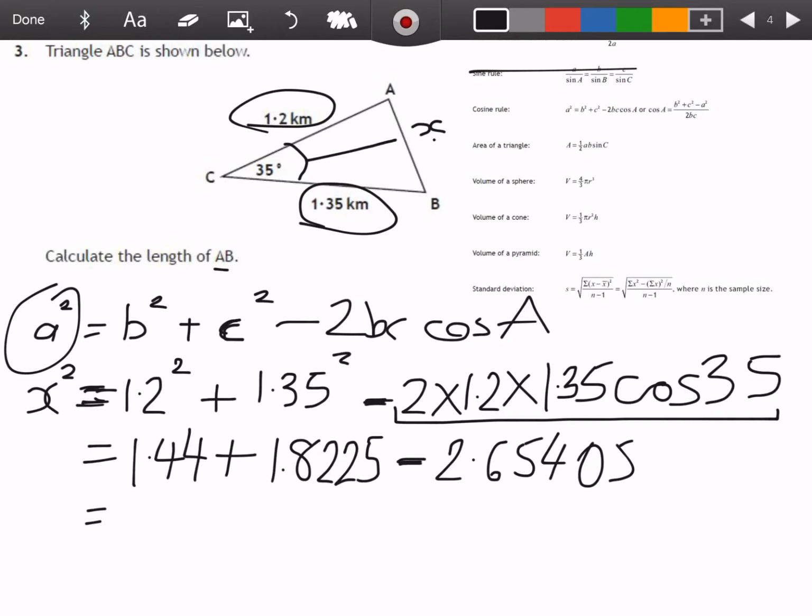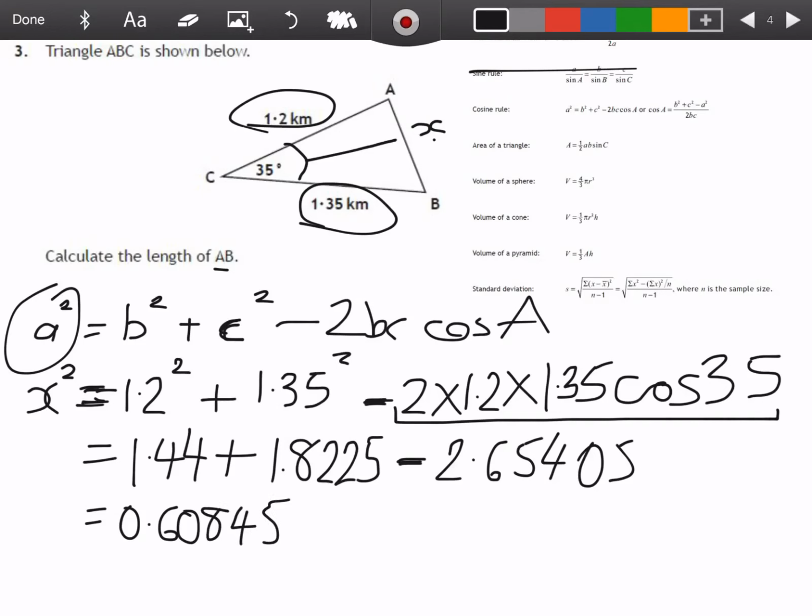Nope, that's not right. 1.44 plus 1.8225, take away the 2.65405, gives me about 0.60845 approximately.